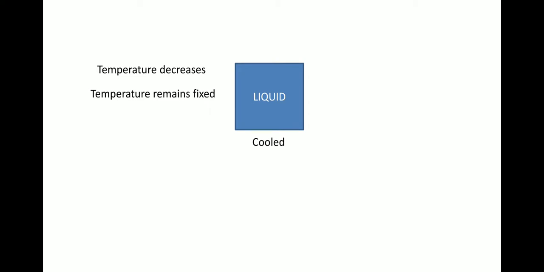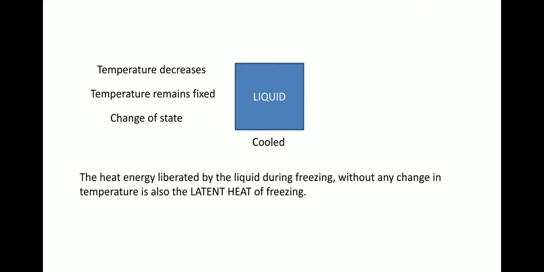At this time, when the heat is getting liberated, that is, when it is coming out of the system, the change of state will take place, keeping the temperature fixed. So the heat energy liberated by the liquid during freezing without any change in temperature is also latent heat, but in this case it is the latent heat of freezing.